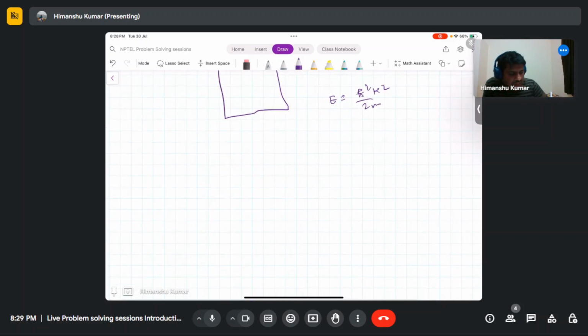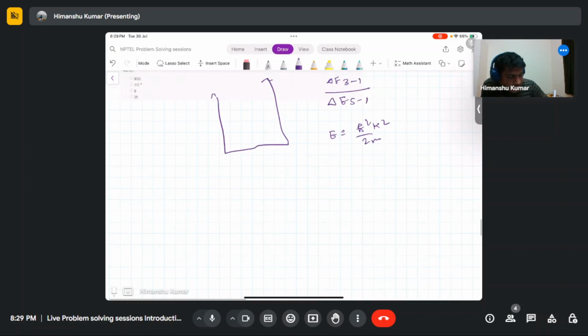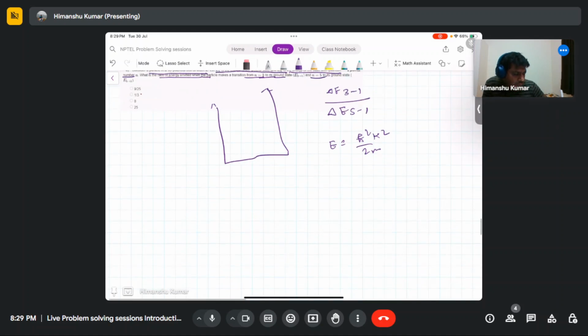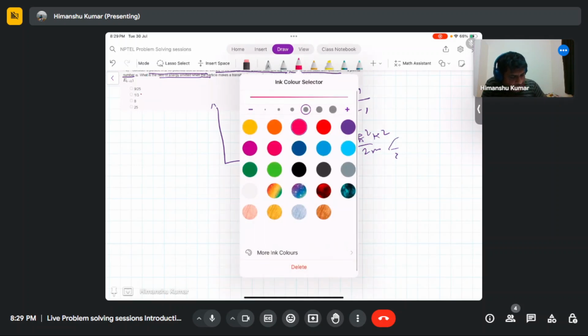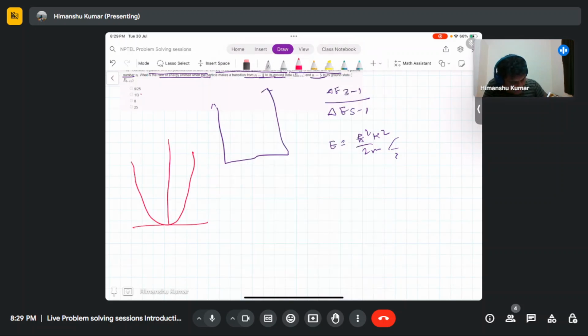So let me just give you more context. In the case of a free electron, k takes continuous values, so all values are possible. So E is basically h bar squared k squared by twice m.